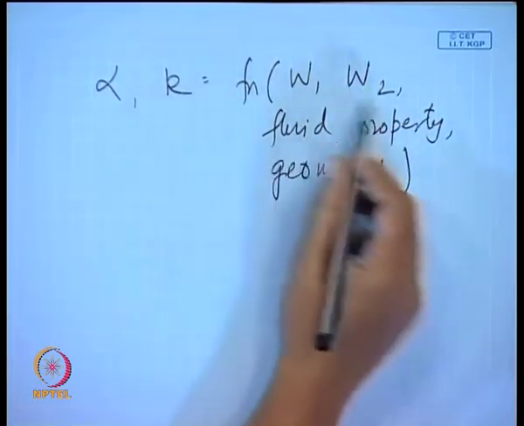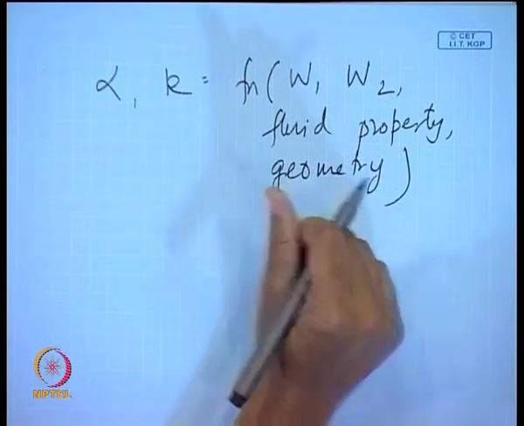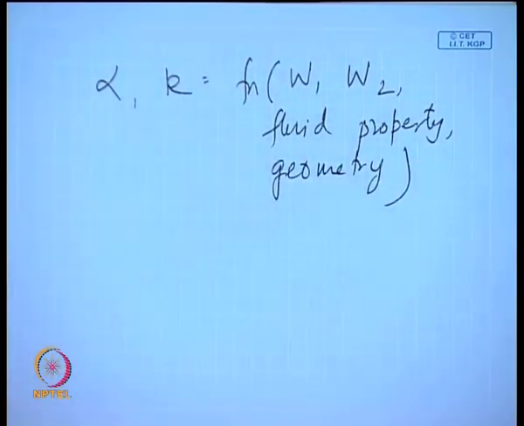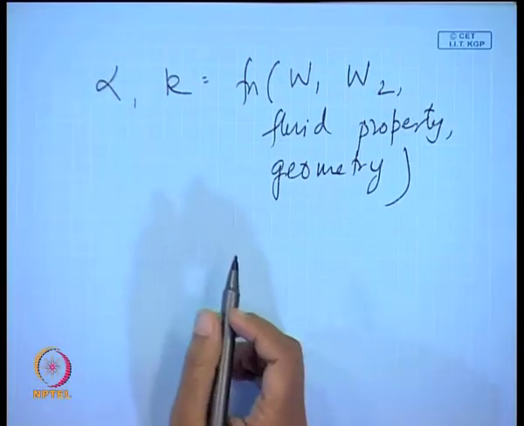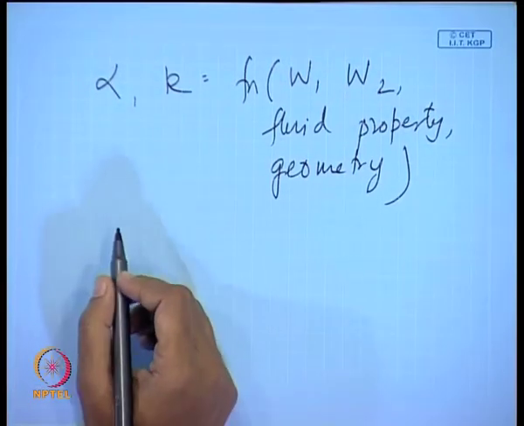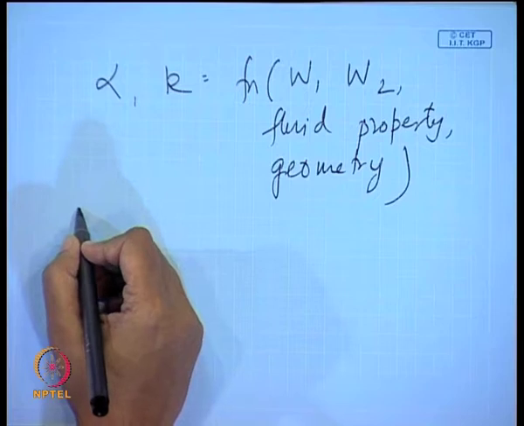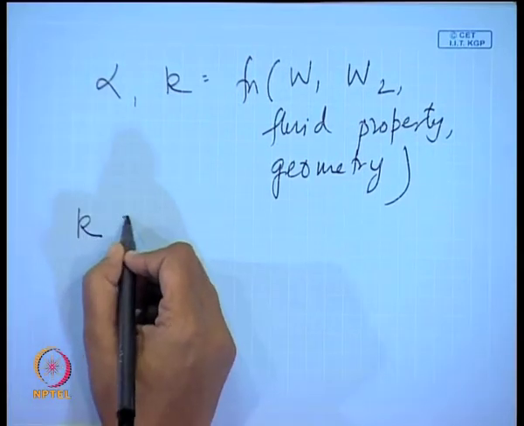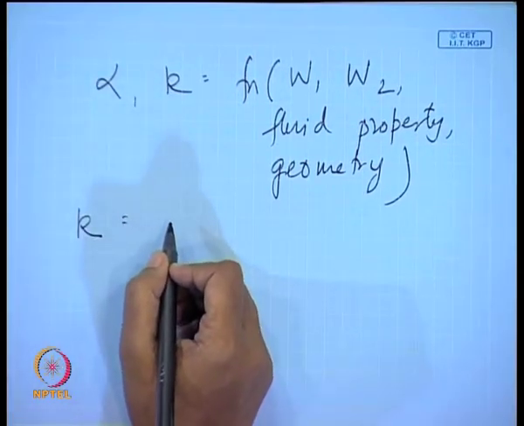So, they are functions of all these things. So, I would be ending up here. In the next class, we will be finding out a relationship between K and the other measurable and non-measurable parameters.